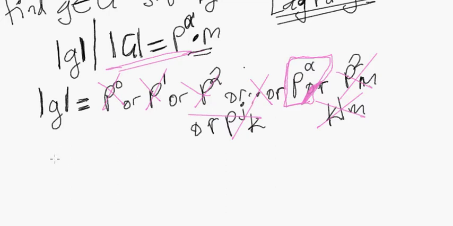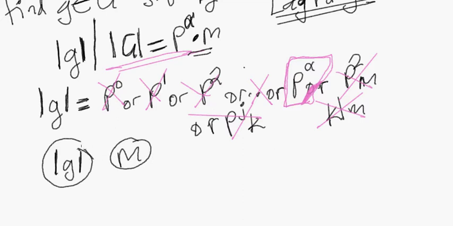So one approach might be, suppose we showed that there's an element g whose order has no factors in common with m. That is, if you look at the prime factorization of the order of g and the prime factorization of m, there's nothing in common.